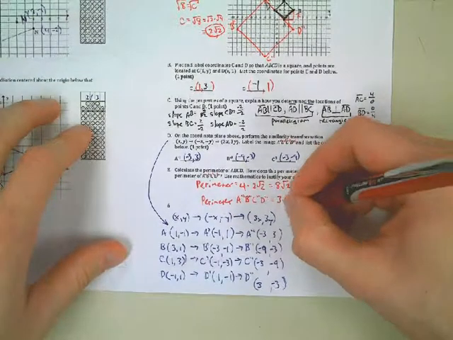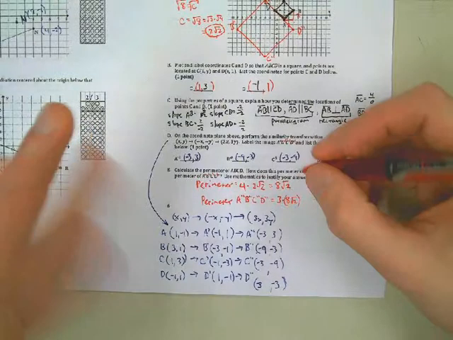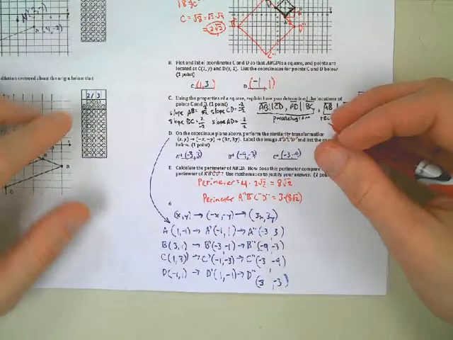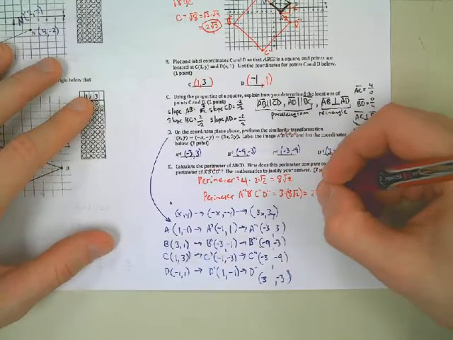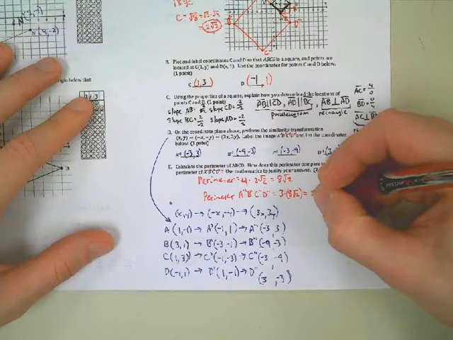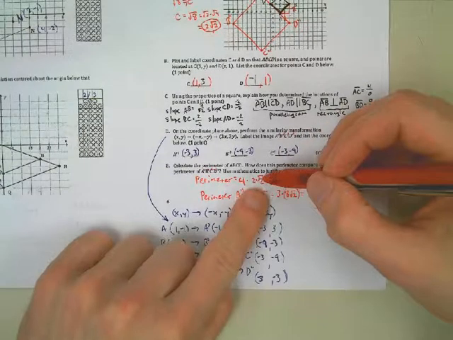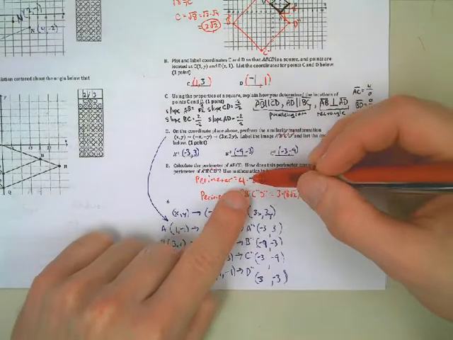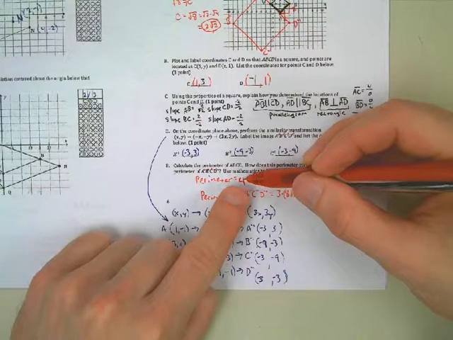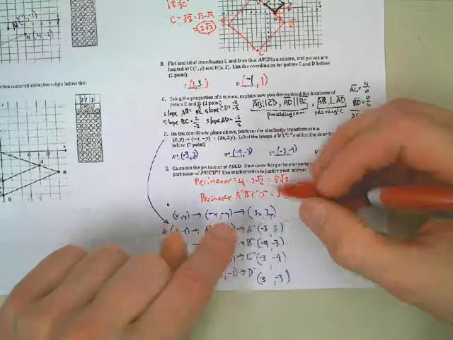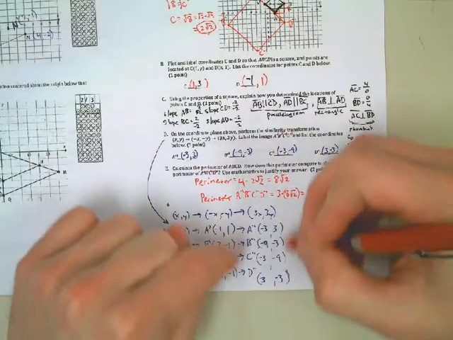So, 2 root 2 is the side of the original, right? And then to find all 4 of them added up, you multiply by 4. That gives you the total perimeter of the square. And then, because we dilated the square by 3, the perimeter is going to be just 3 times as big for the new shape, because each side will be 3 times as big. So yeah, 24 root 2.